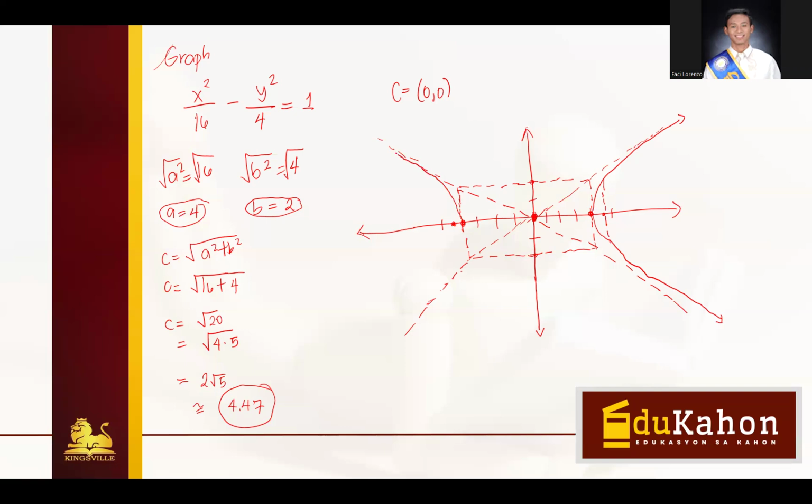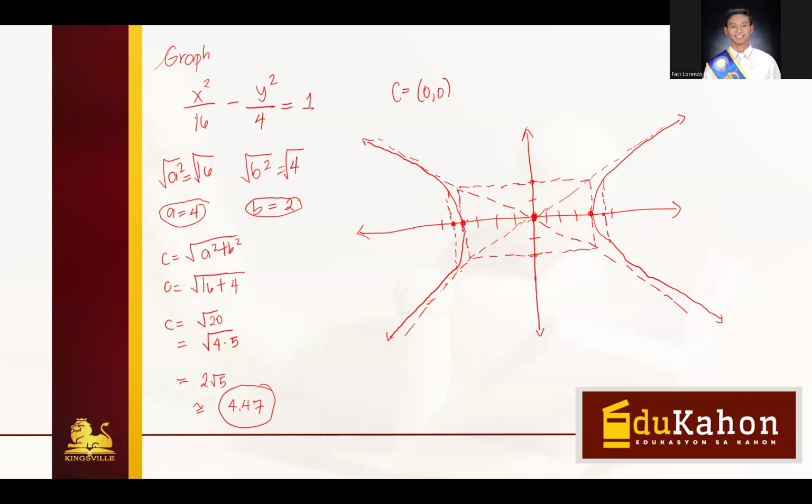And you try to construct the graph of your hyperbola using the asymptotes as your guide. Now, this is your latus rectum. From your foci, you try to draw a vertical line. Okay? So now you have the graph for your hyperbola, which is horizontally oriented.